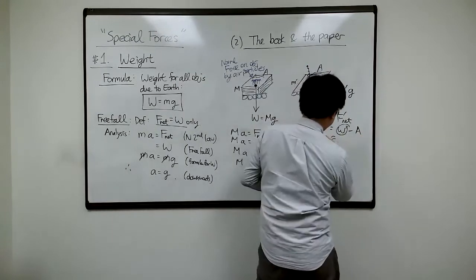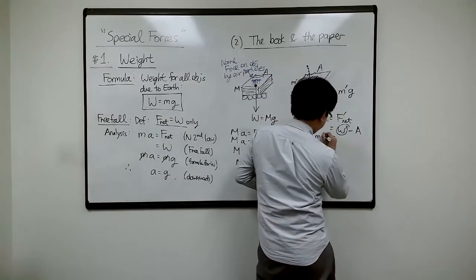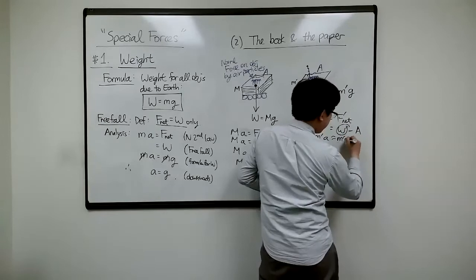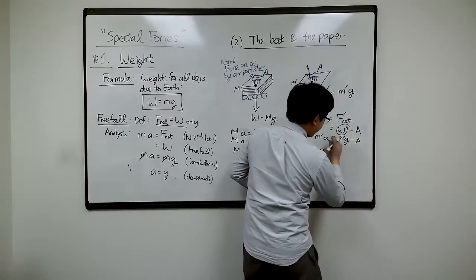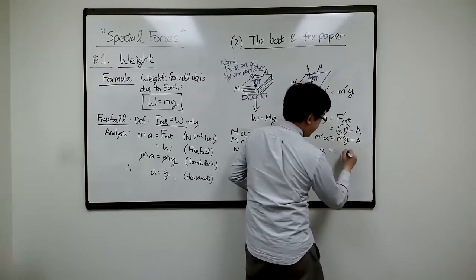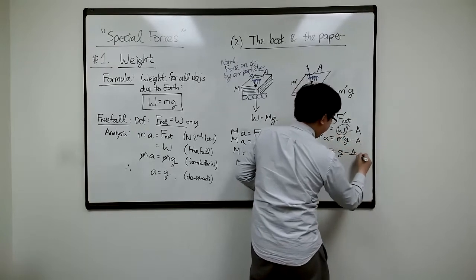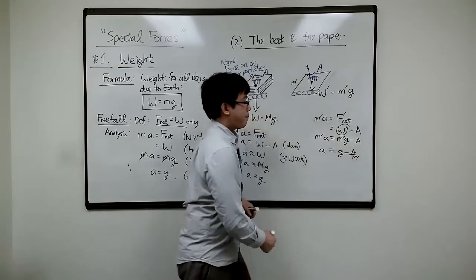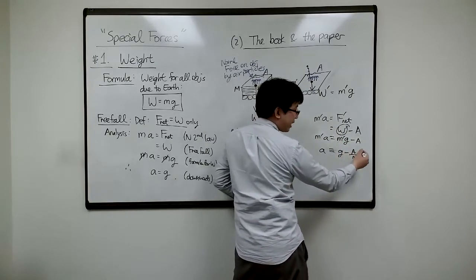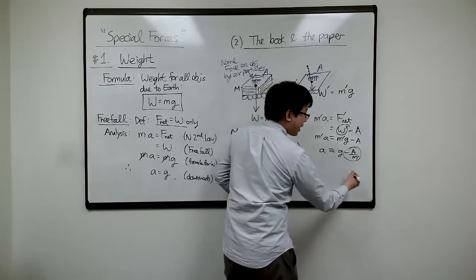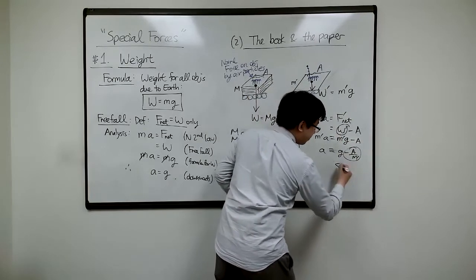So I can say M prime A equals M prime G minus the air resistance, and then A is equal, not approximately, to G minus whatever that is. But essentially, you see that the acceleration is G, but it's subtracted by something. So the answer will be less than G.